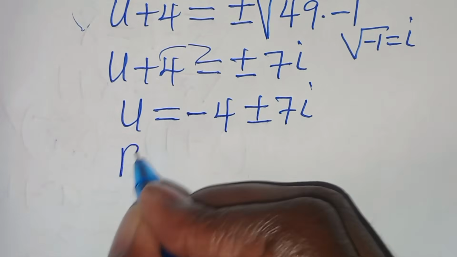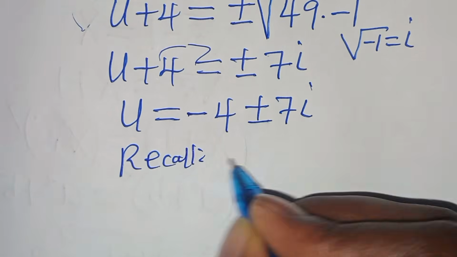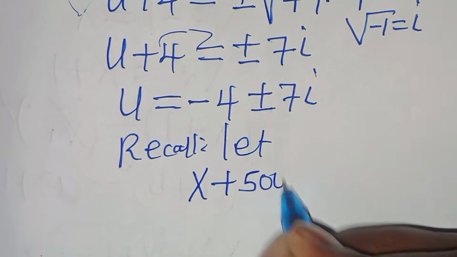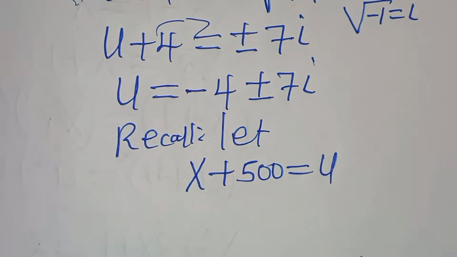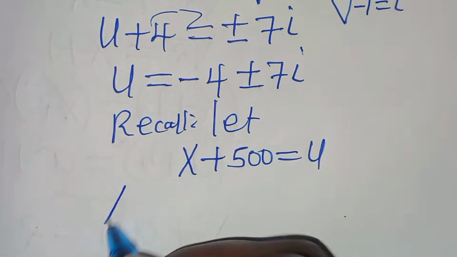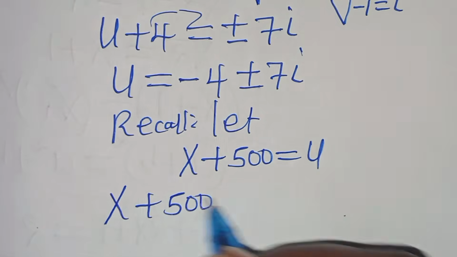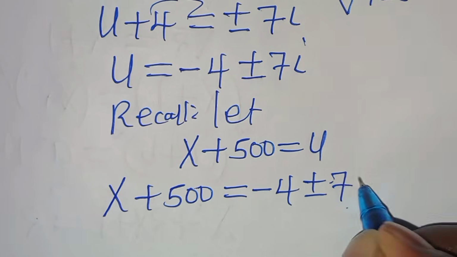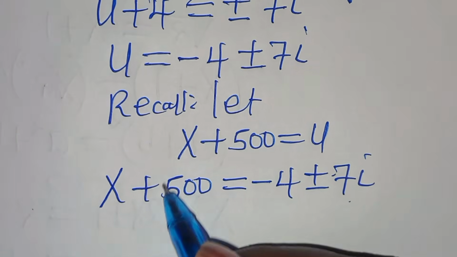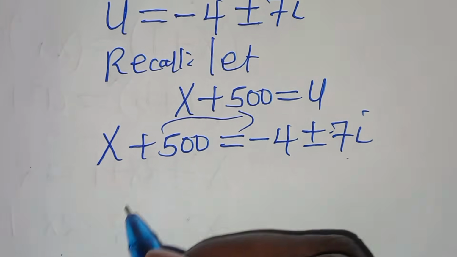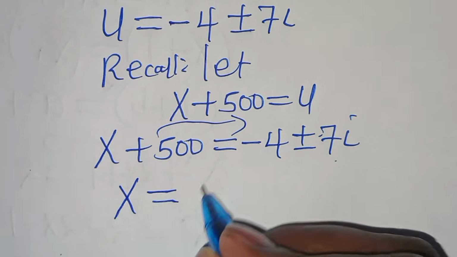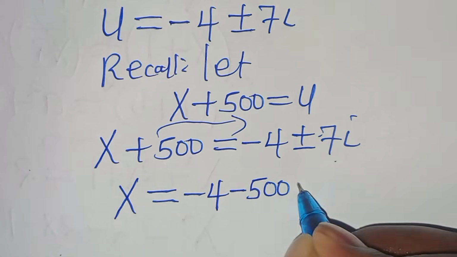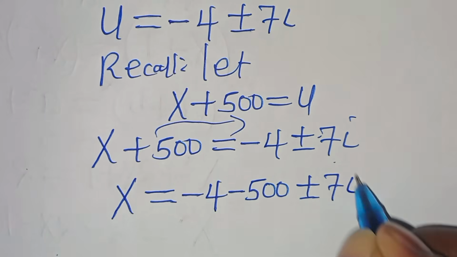Now again, if you recall, we let x plus 500 be equal to u. So let's substitute this. So we have x plus 500 equal to minus 4 plus or minus 7i. So let's take plus 500 on the right hand side, and this means that x is equal to minus 4 subtract 500 plus or minus 7i.